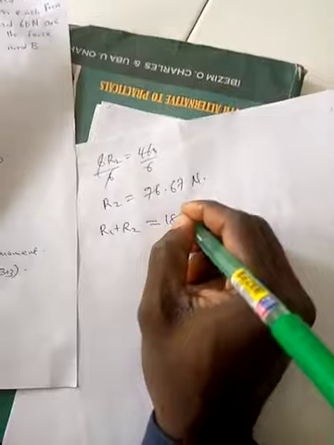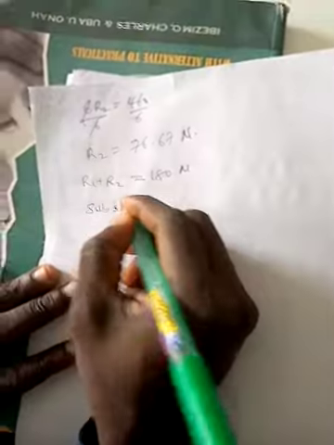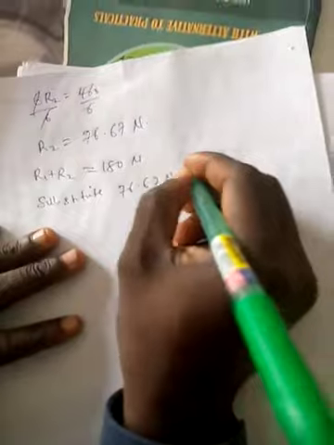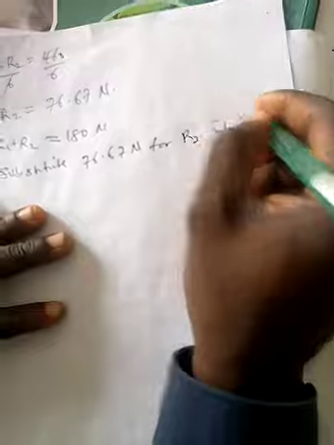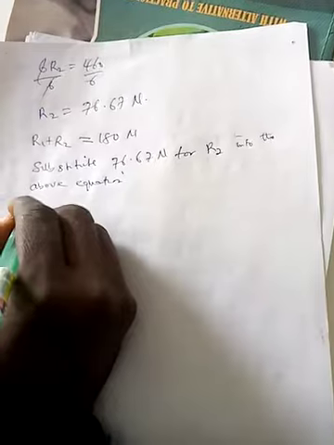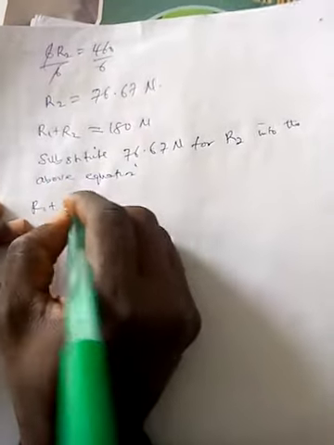Now we can go back to look for R1. We know from the first equation that R1 plus R2 equals 118 newtons. So substitute 87 newtons for R2 into the above equation. R1 plus 87 equals 118.